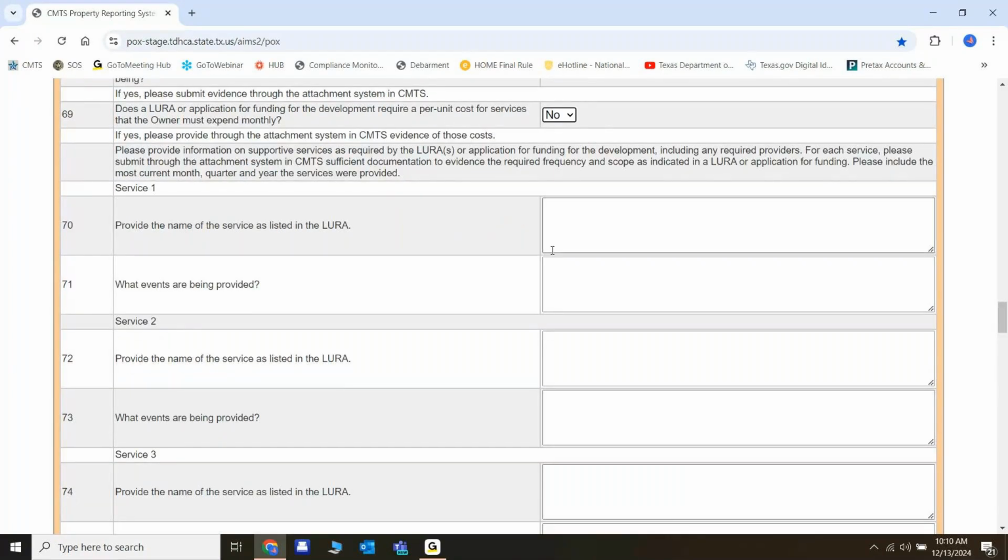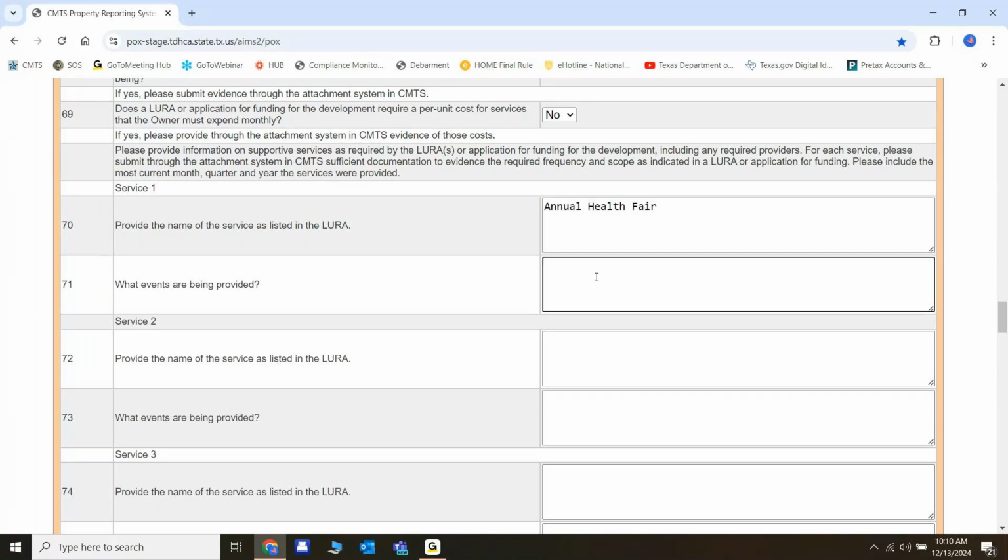Now here you get to tell us, and this is the most important part of the services, what services from your LURA you are providing and what you are doing to provide them. So if I am doing an annual health fair, I'm going to say that.